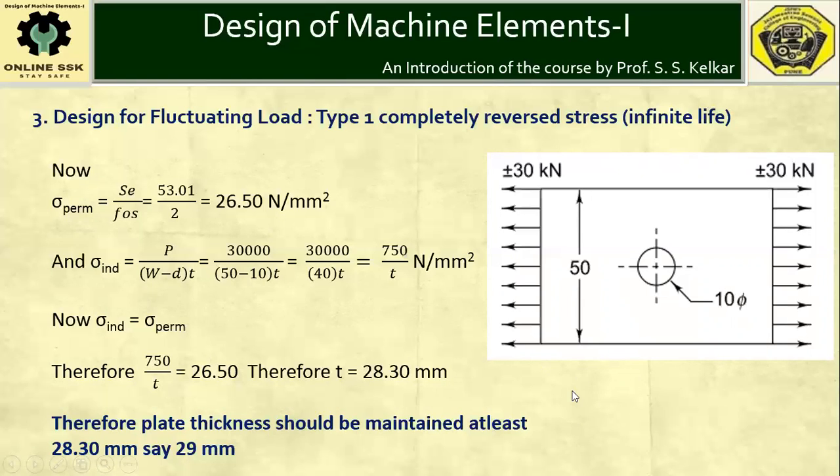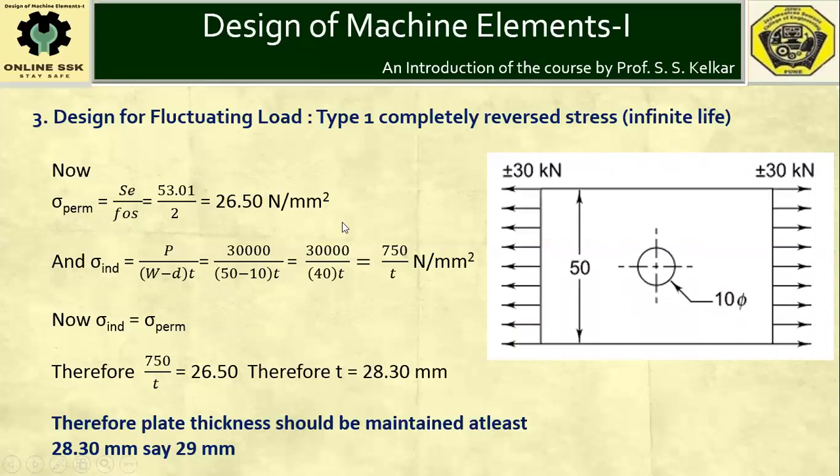Therefore, for safe operation for infinite life, when the plate is subjected to completely reversed, that is plus minus 30 kilonewton force, we need to maintain the plate thickness at least equal to 28.3, or say 29 millimeters, rounding it off to the next integer value, 29 millimeters.